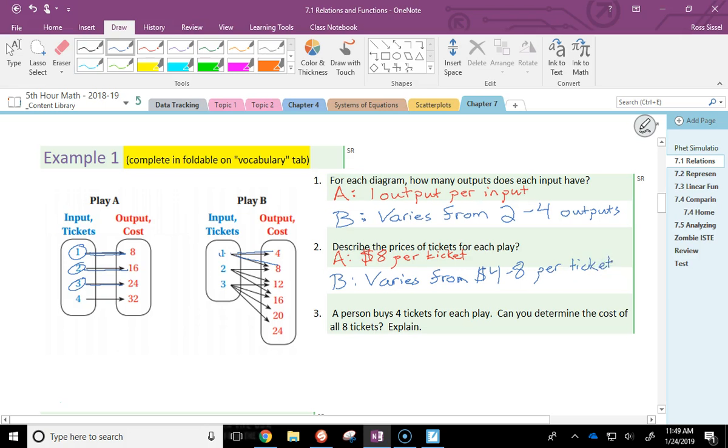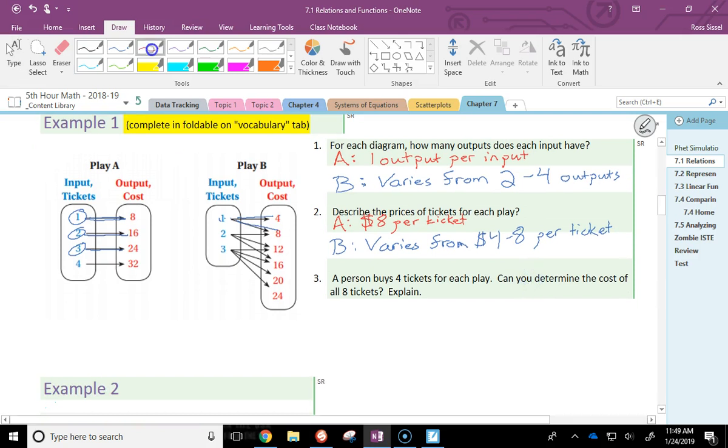Because of this, a person buys 4 tickets to each play. Can I determine the cost for all 8 tickets? Well, let's just do the first part. Can I decide how much 4 tickets would cost to go to play A? I'm taking Eli, Bennett, and Jude, so I had to buy 4 tickets.